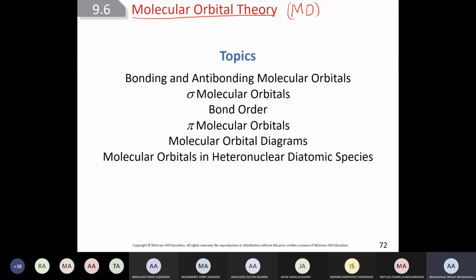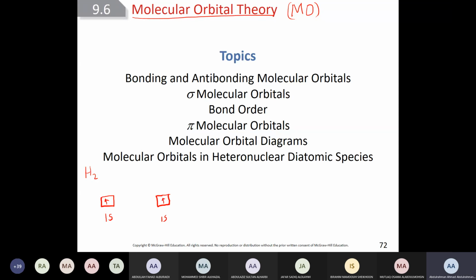In this case, this theory says, for hydrogen, for example, if we have the hydrogen H2 molecule, this is the hydrogen atom with one S and one electron, and the other hydrogen atom is one S and one electron.